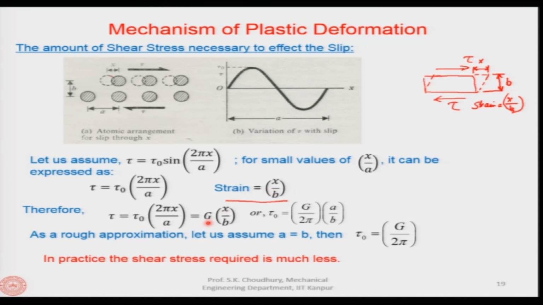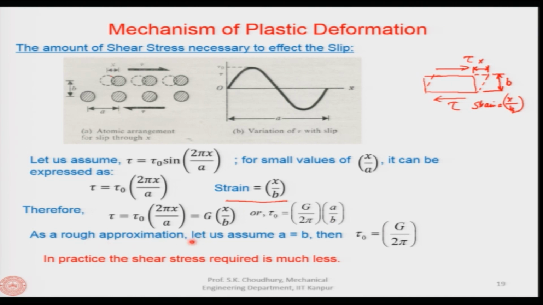Therefore, tau 0, the maximum stress that is required for the slip to occur, can be found out as G by 2 pi into a by b.